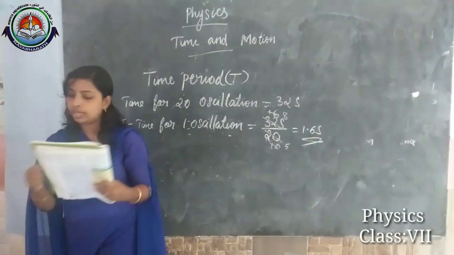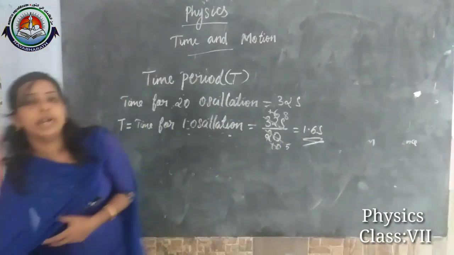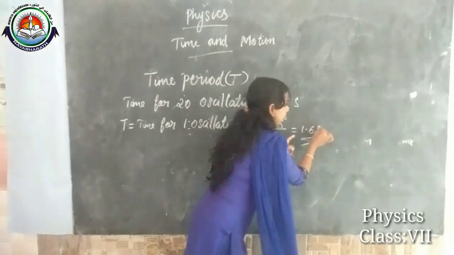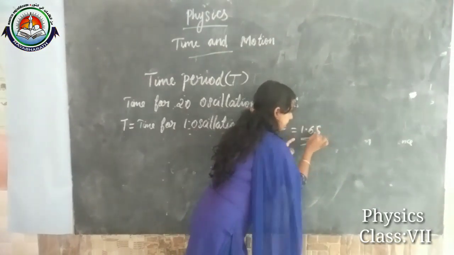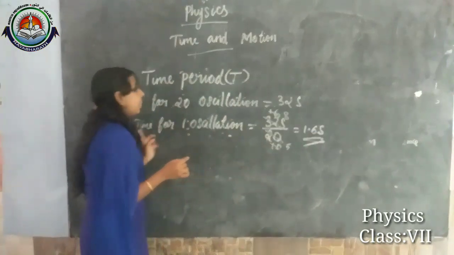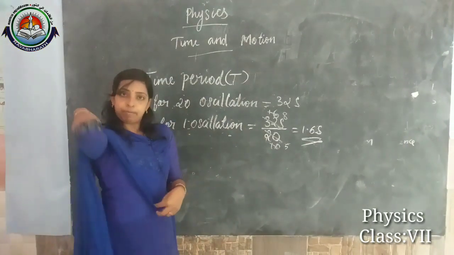So here you will get the answer 1.6 seconds. Then our answer, the unit is not 5, it is second. So the time period of that pendulum is 1.6 seconds.